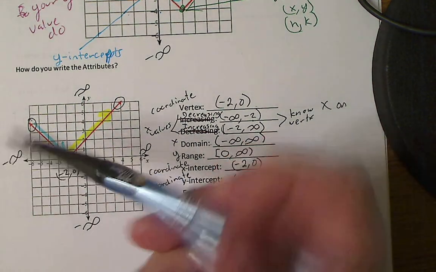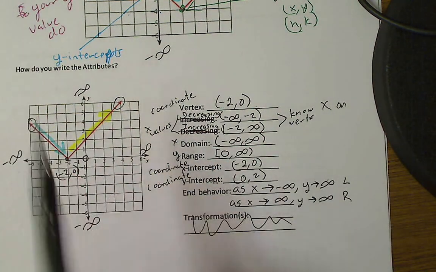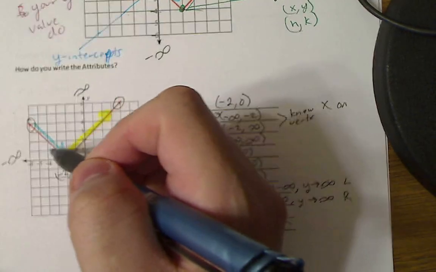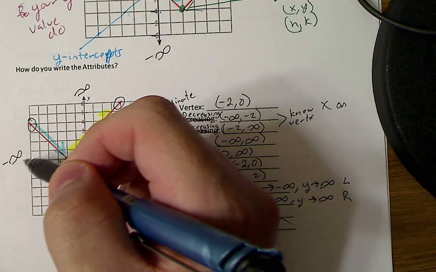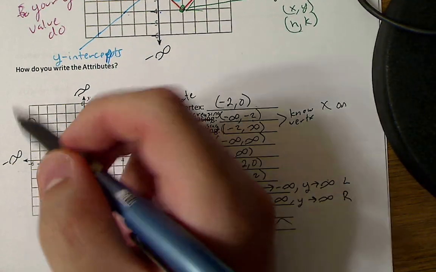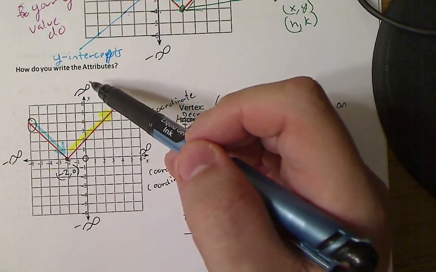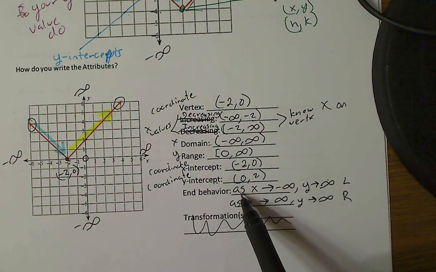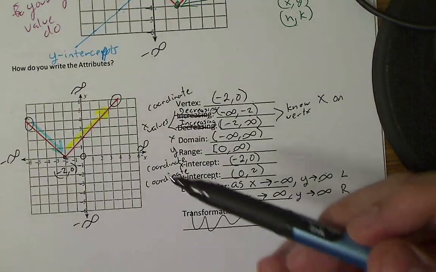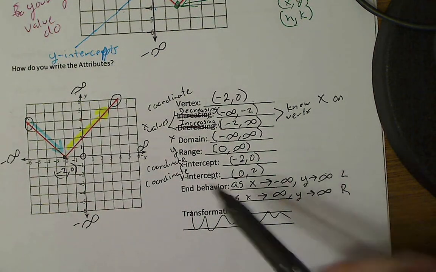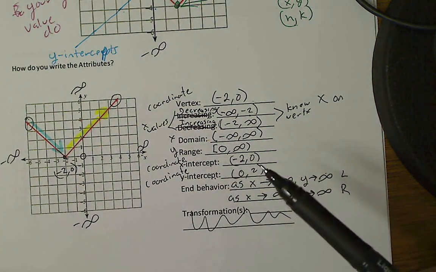Horizontally it's going on the x, vertically it's going on the y. So it's going this direction on the x, towards -infinity, and when it's doing that, it's going this direction on the y towards positive infinity. Hence why it says as x approaches -infinity, y is going towards positive infinity.